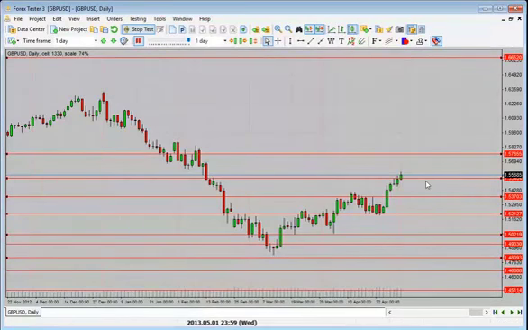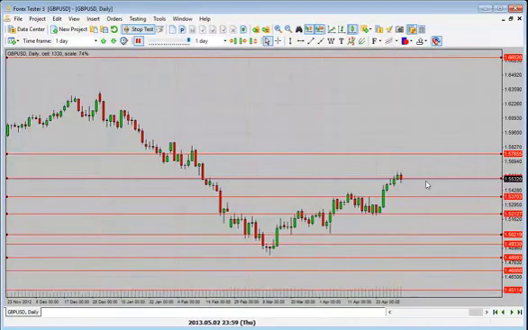The candles are getting smaller though, so we don't have as much momentum to the upside as before. So here we go. So now we have a bearish candle close. So not a huge candle, not a big candle. That means the momentum is still to the upside. We haven't shifted yet. When the momentum shifts, we need to see a big candle close or a solid candle close that will suggest that price is going to continue.